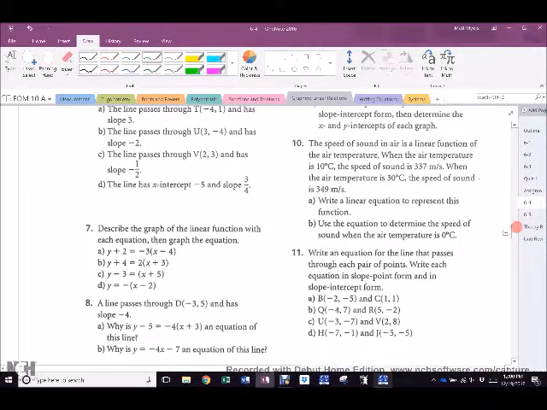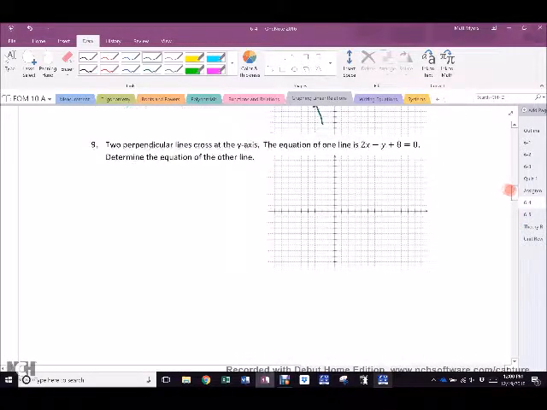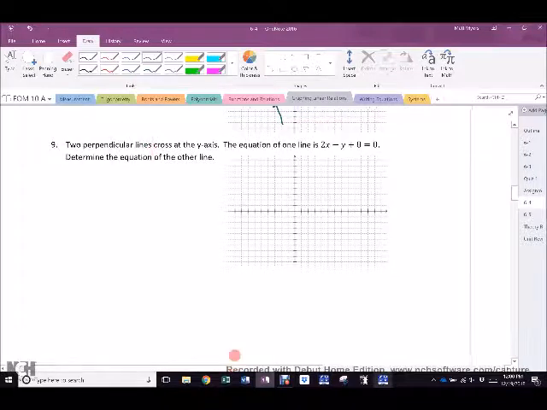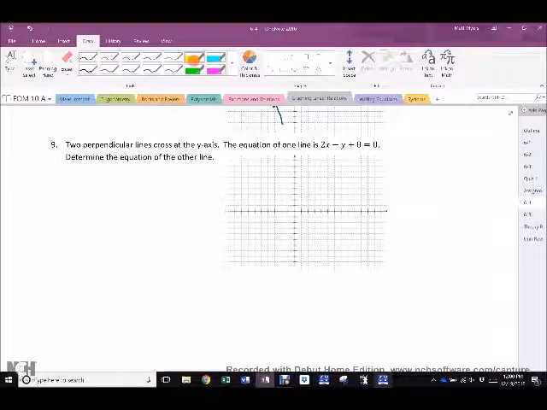Whoa, slow down there. What are some key words in that question that could give you hints as to how to do this question? Perpendicular is the first one. What do we know about perpendicular lines? Opposite reciprocals, right?